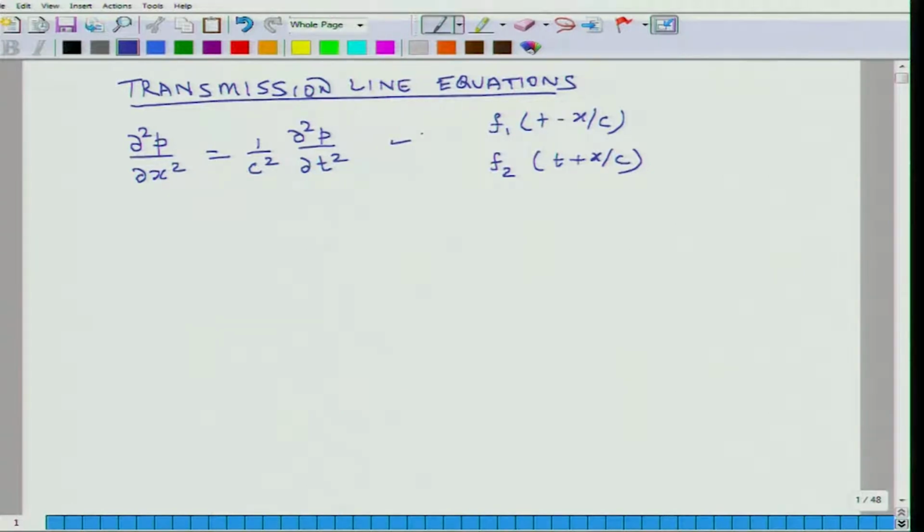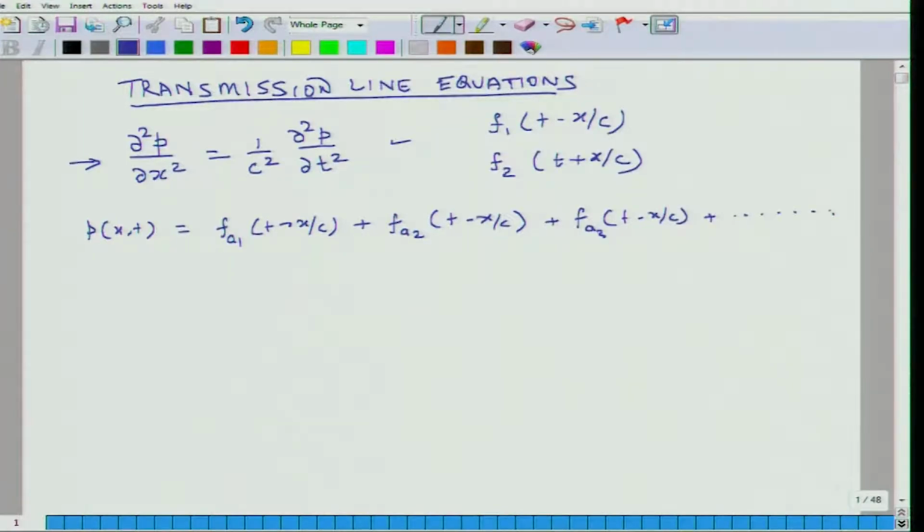So in general, the most general solution for this pressure wave equation, we could write as P of x and t equals fA1 of (t minus x over c) plus fA2 of (t minus x over c) plus fA3 of (t minus x over c), and then I can go on for an extremely large or infinite number of terms.